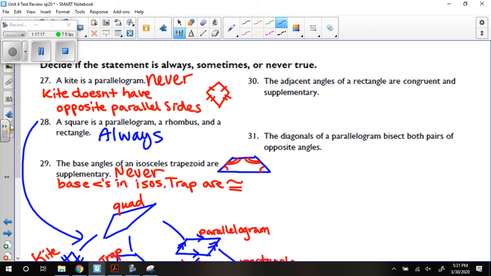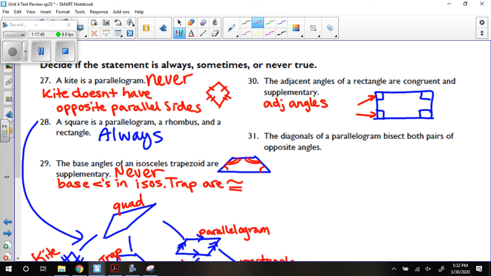Okay, for number 30, the adjacent angles of a rectangle are congruent and supplementary. So let me draw a rectangle. We know rectangles have right angles. So these two angles, they are adjacent, right? It says these adjacent angles are congruent.